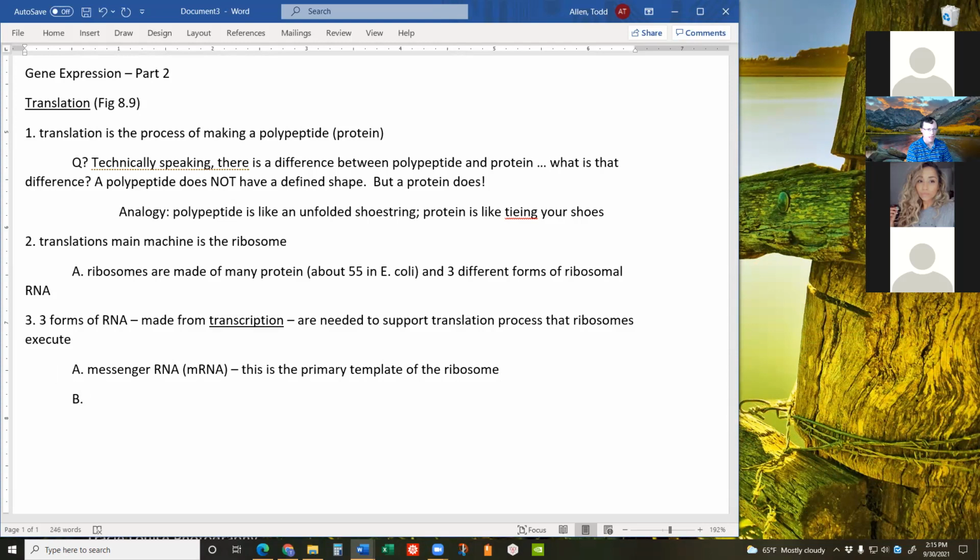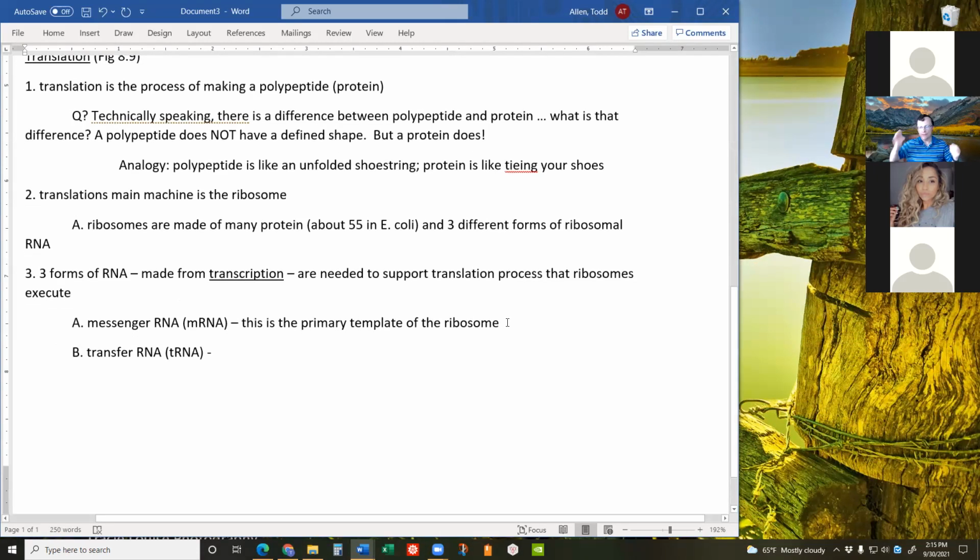Next, we have transfer RNA, tRNA. If you've had any biology, this is the molecule that brings amino acids to the ribosome, because you know polypeptides are made by linking amino acids together into a chain, right?